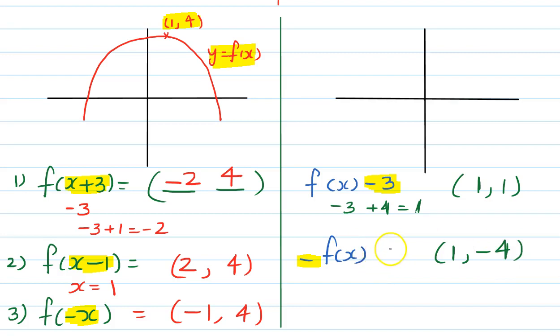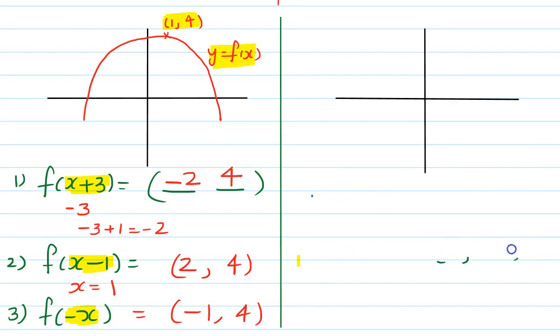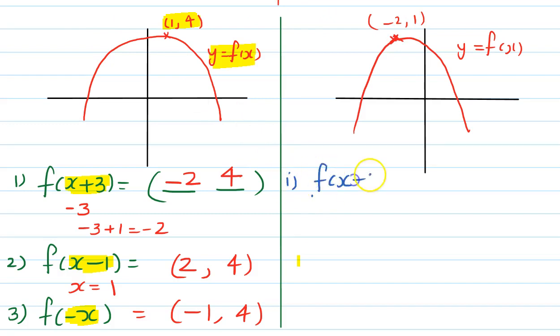Let's take another example. Let me draw the graph. This is our question here, this is the y equal to f(x) curve, and this is the maximum point, that is (minus 2, 1). We need to calculate what will be f(x minus 3).